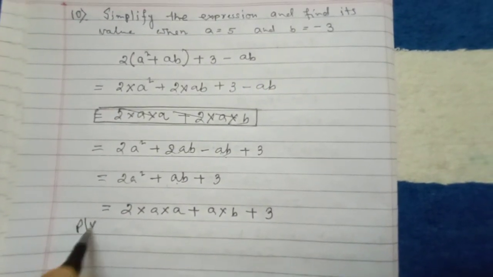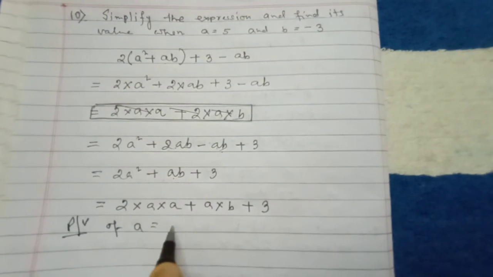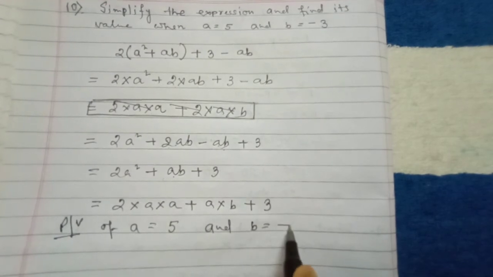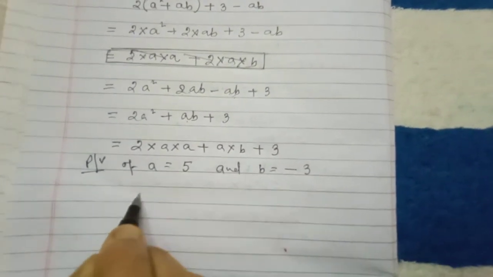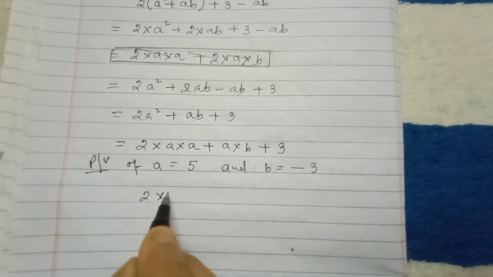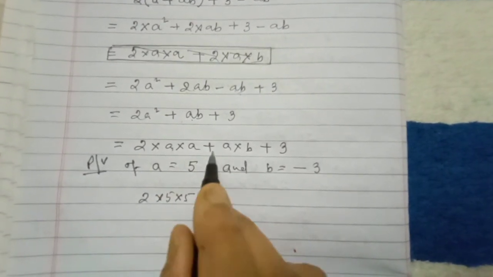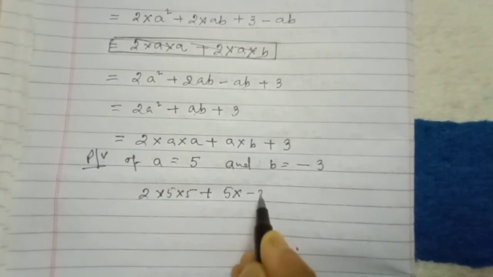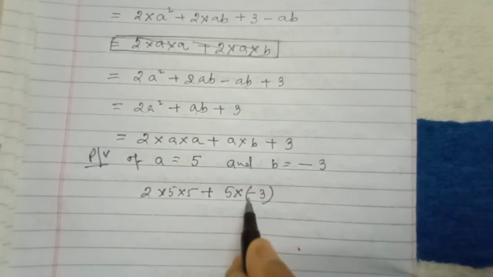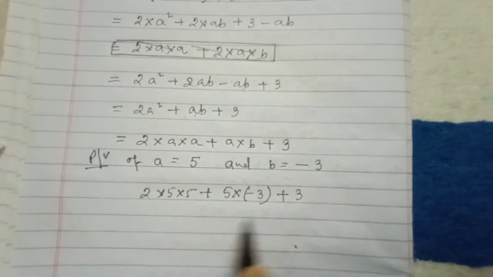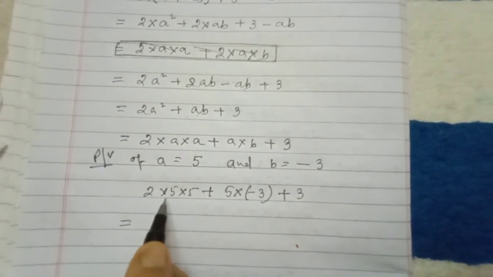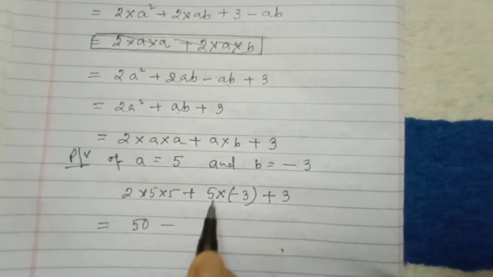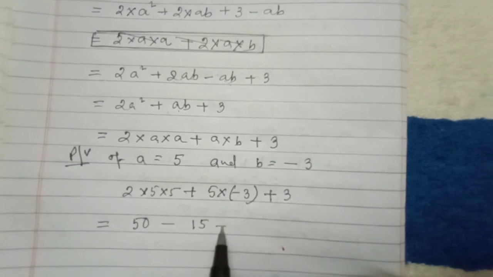Putting value of a is equal to 5 and b is equal to minus 3, what will we get? 2 into 5 into 5, plus a into b, 5 into minus 3, plus 3. 2 into 5, 10, 10 into 5, 50. Plus minus, 5 3s are 15, plus 3.